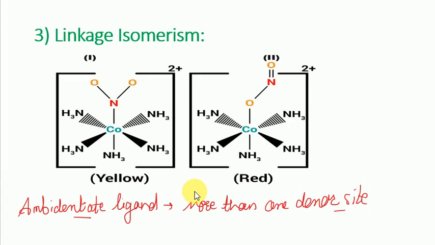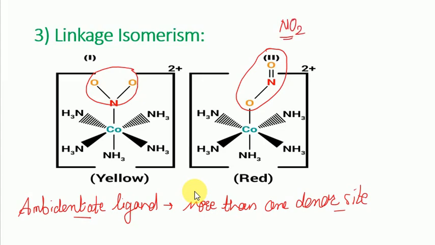Now see in the above example, the nitro group, NO2 group, here is bonded to the central metal atom through the nitrogen, while in the second structure it is bonded to the central metal atom through the oxygen. So we can name it as nitrito, but the formula is the same, NO2.